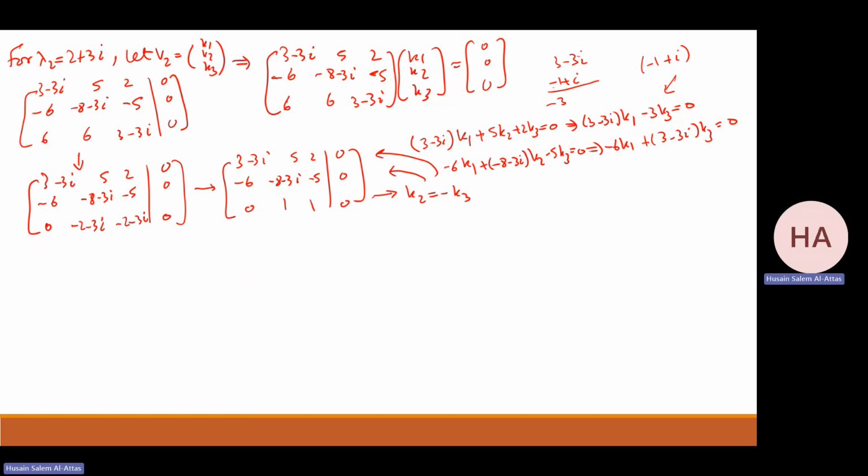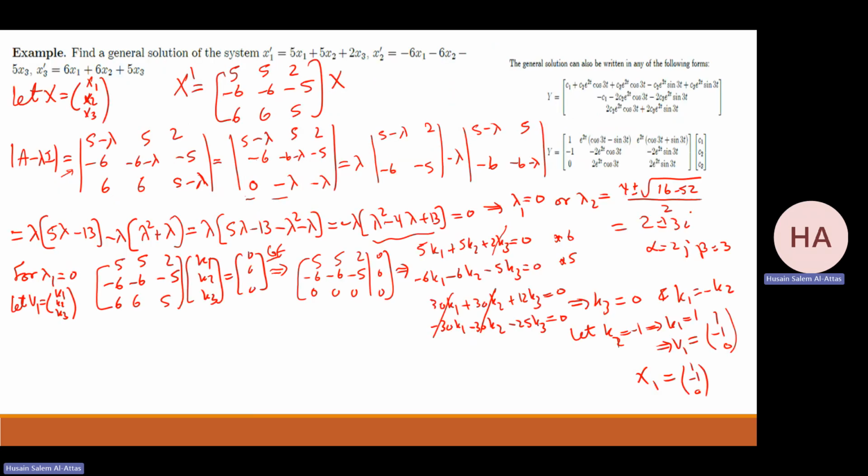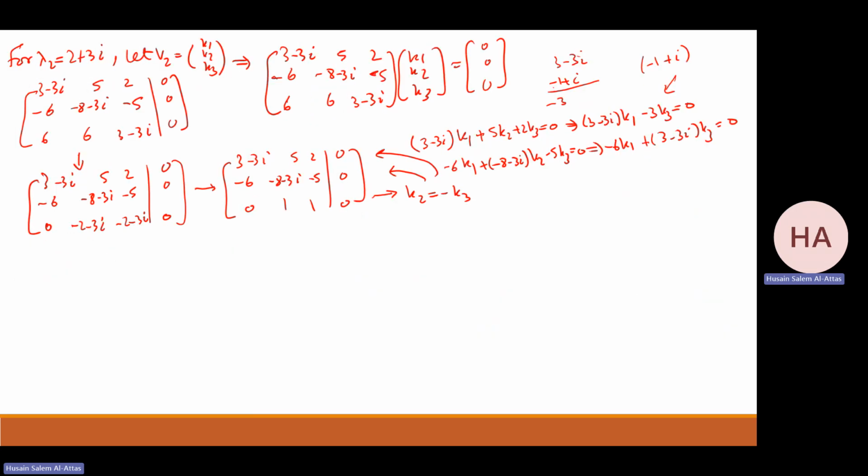Yeah, let me double check. Okay. What I did here, this is the system. I made it in this way. I just want to be sure about the calculation. It's a calculation matter. 5 minus 2, that will be 3 minus 3i.